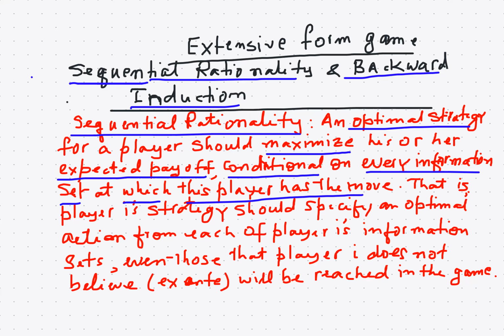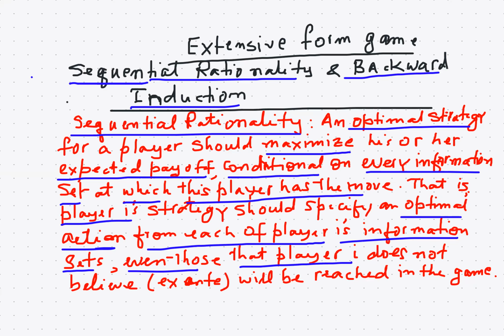Meaning that player i's strategy should specify an optimal action from each of player i's information sets, even those that player i does not believe ex ante will be reached in the game.